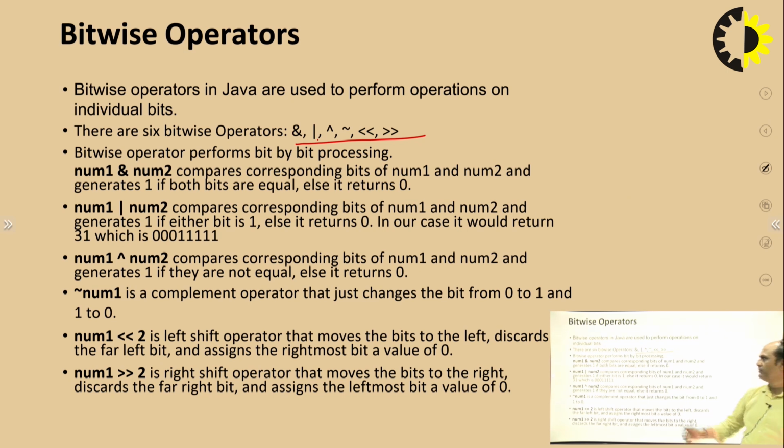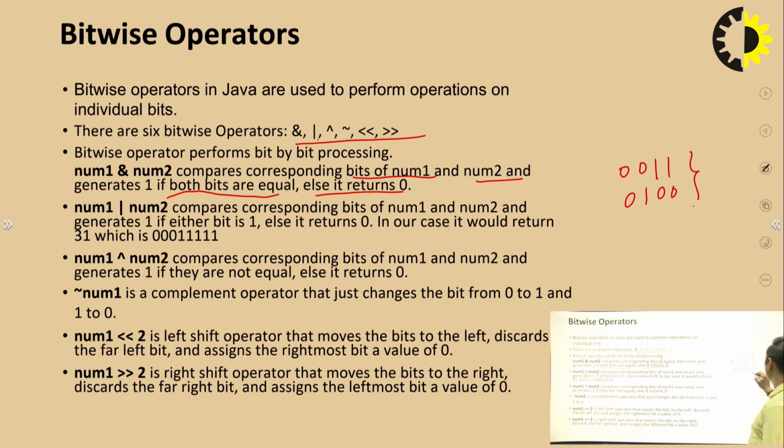Taking the example of num1 and num2, these two variables compare the corresponding bits of num1 and num2 and generate 1 if both bits are equal, else it returns 0. If num1 and num2 generate an equal number of bits, suppose like this, these are the examples.